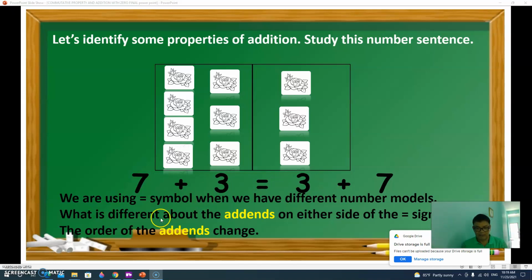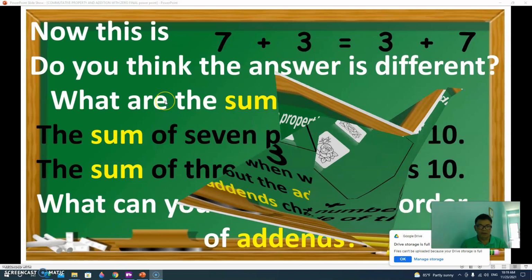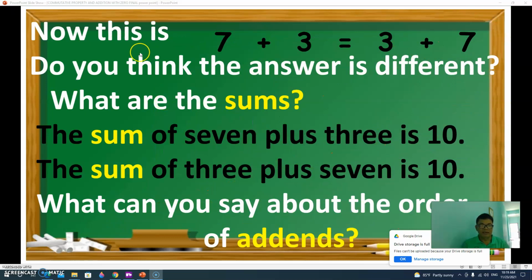What is different about the addends on either side of the equal sign? The order of the addends changes. So 7 plus 3 equals 3 plus 7. Do you think the answer is different?